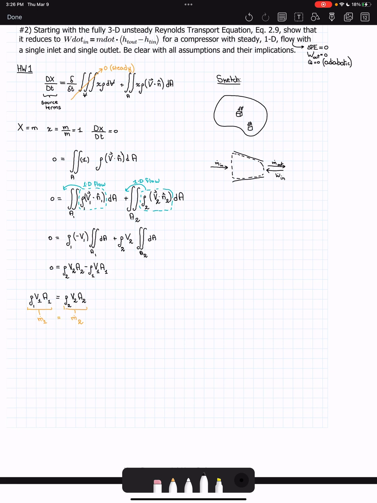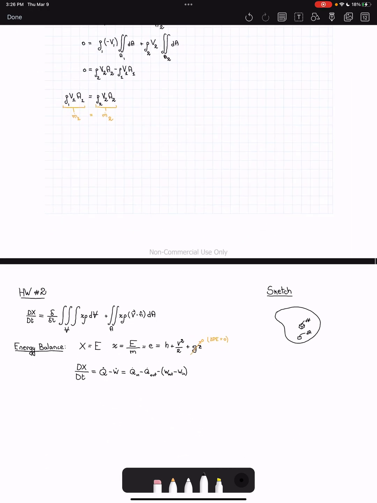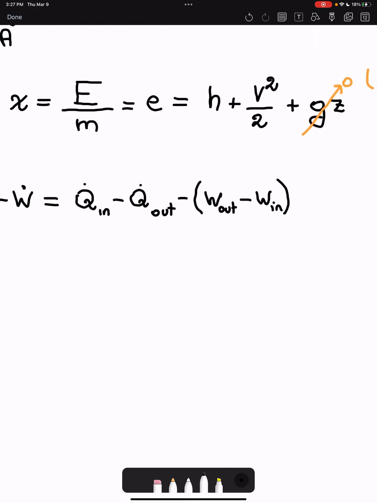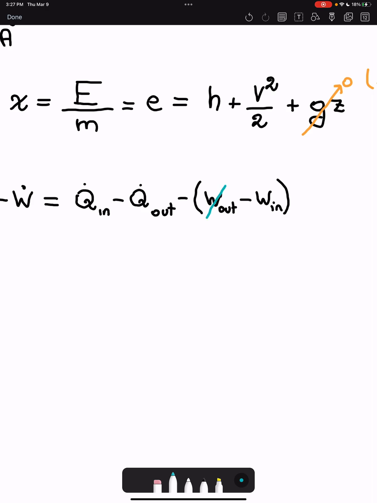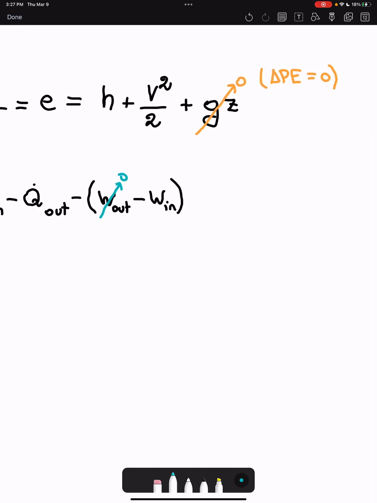Let me check on your engine components to see if I wrote everything. Yes, I did. So that's good. Since it's a compressor, it has no work out. It doesn't produce any work. So I can say that the work out term goes away because the work out is equal to 0 for compressors.